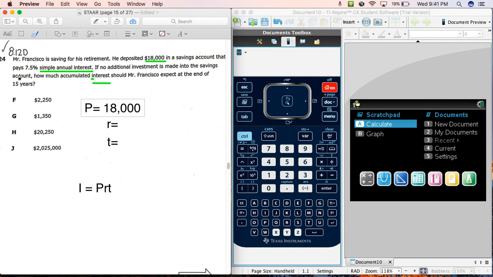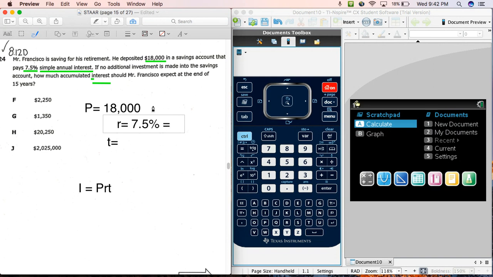As we keep reading, we see that there's a 7.5% simple interest. This 7.5% represents my rate. And as I stated earlier, we know that we can't use 7.5%. We need to divide it by 100 in order to get it in decimal form.